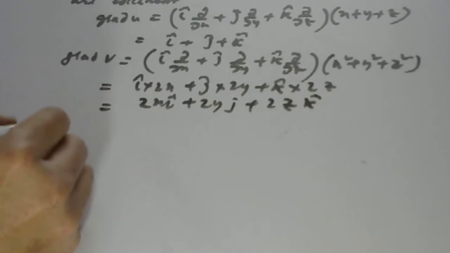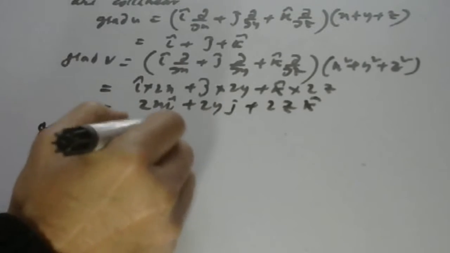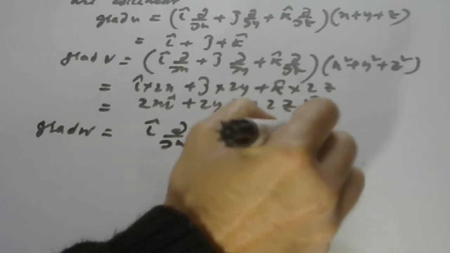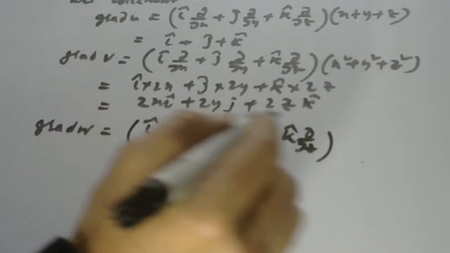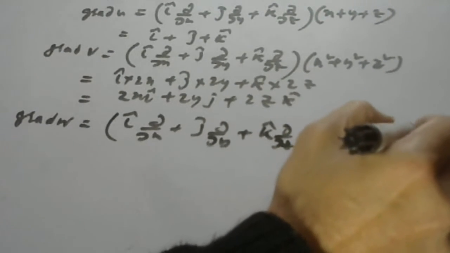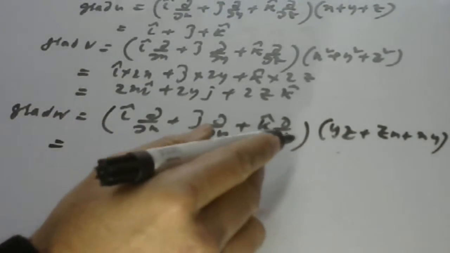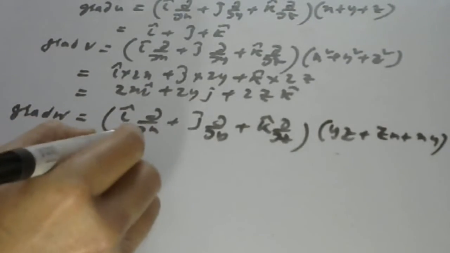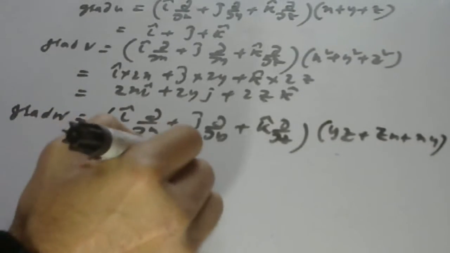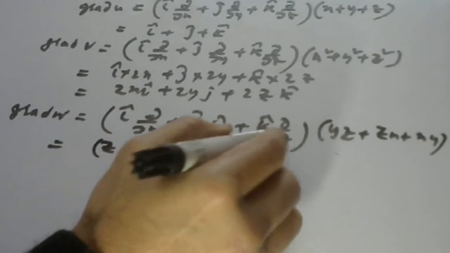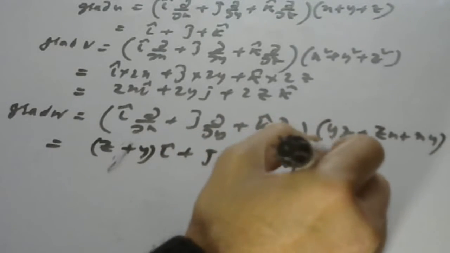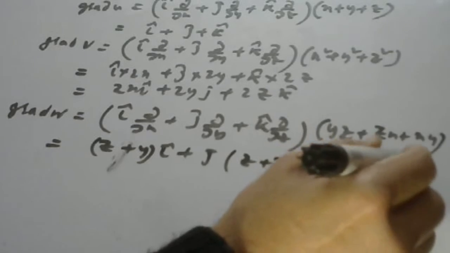Next grad of w is equal to i cap del upon del x plus j cap del upon del y plus k cap del upon del z into yz plus zx plus xy. Differentiating, this is 0, z i cap, z plus y i cap, other term becomes 0, j cap, z plus x plus k cap, y plus x.